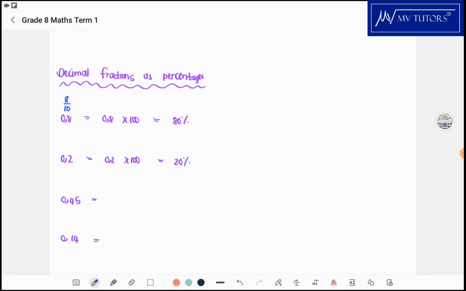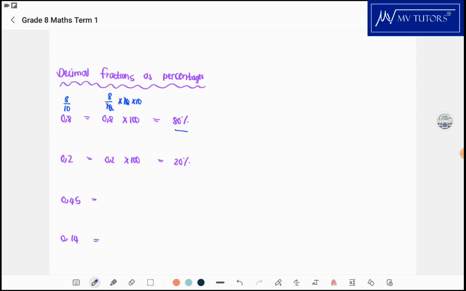That's what you normally do to get something in percentage form. So 0,8, which is 8 over 10, multiplied by 100. Remember, 100 is 10 times 10. So the 10 divided by 10 will just cancel, and then 8 times 10, that's 80.